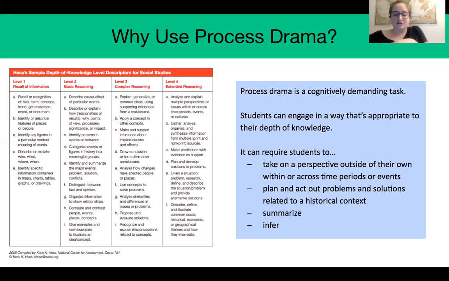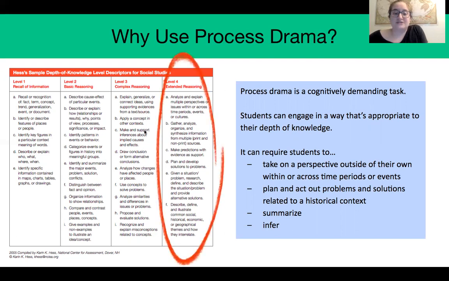It can also require students to summarize and infer. If you think about Hess's depth of knowledge descriptors for social studies, it really heavily relies on level 4, extended reasoning. But children can, like I said before, engage in a way that makes sense for them, at what depth of knowledge is appropriate.